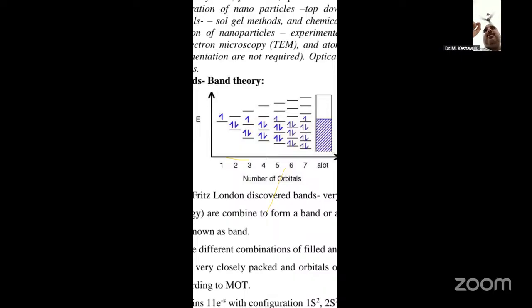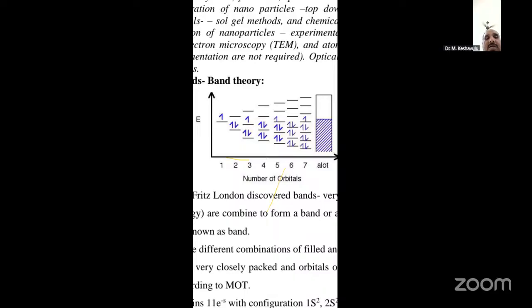Then in sodium, after 1s2, 2s2, 2p6, 3s1, the 3p orbitals will be there. Those 3p orbitals are also involved in linear combination, so they also form energy levels. Therefore, the 3p band means all the 3p orbitals of sodium are involved in making a band. Such a band is known as the conduction band.